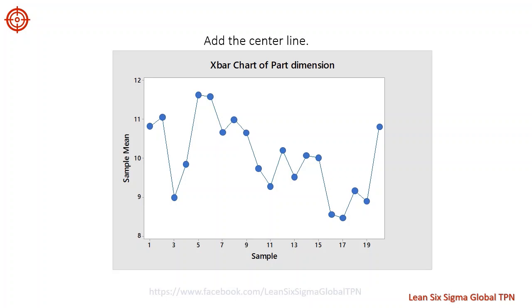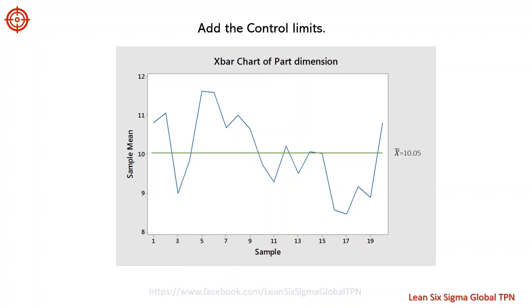Now we calculate our center line and the control limits. The mean of the 20 subgroup means is here. We call this value X double bar and plot our center line here. Now we add the control limits. We draw the upper control limit at 3 sigma limits above the center line.